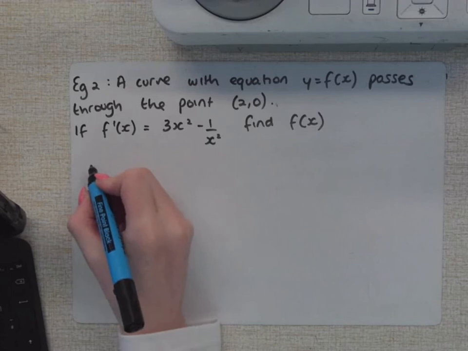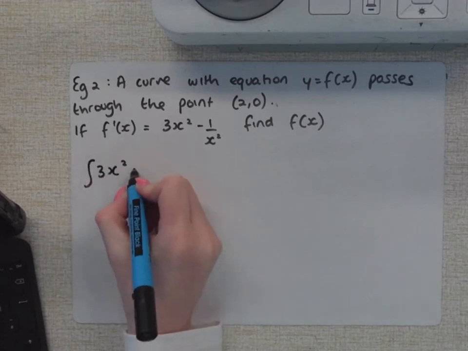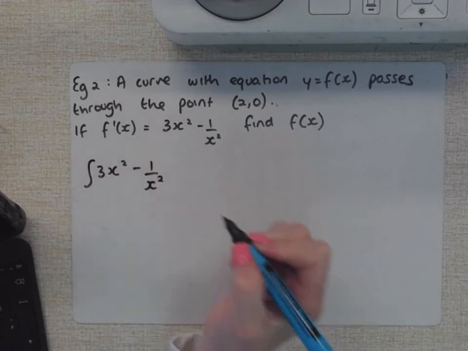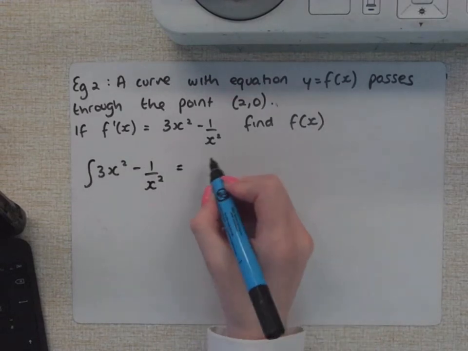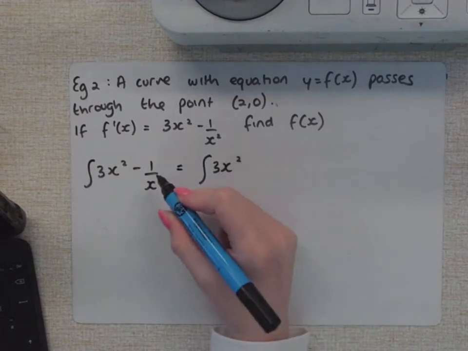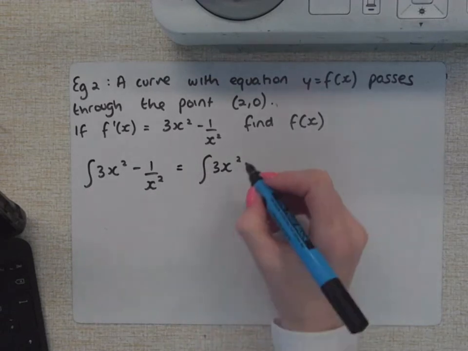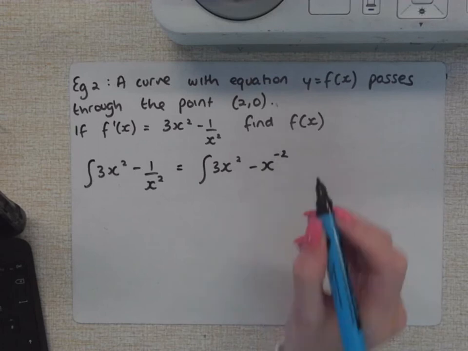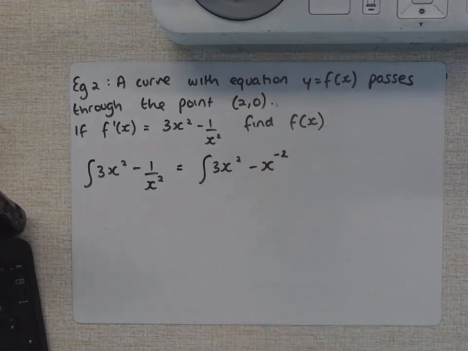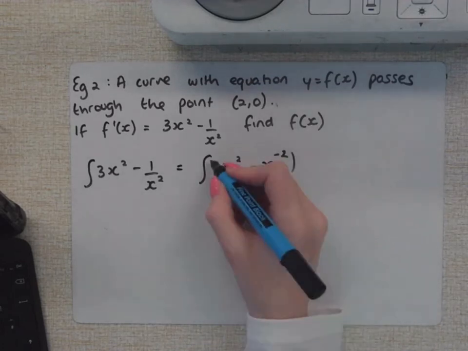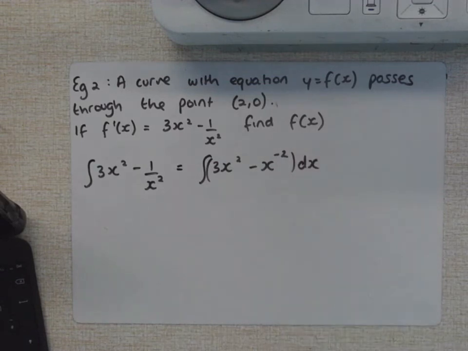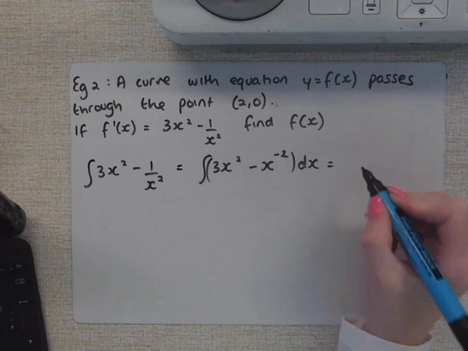So first of all, let's integrate this. To integrate that, I need to change it slightly. Minus 1 over x squared is going to become minus x to the power of minus 2. Great. Okay. Now, let's integrate this.